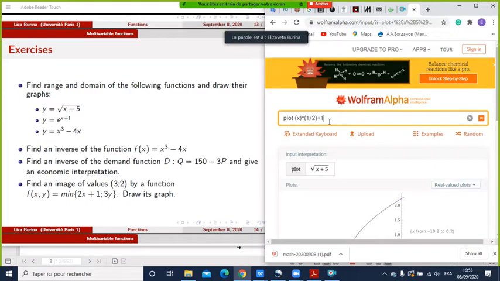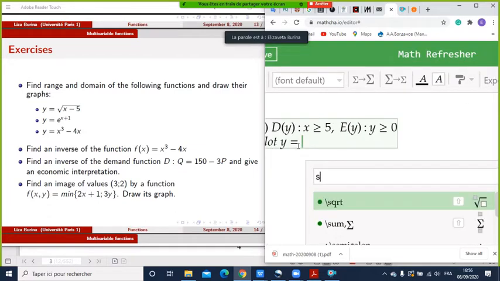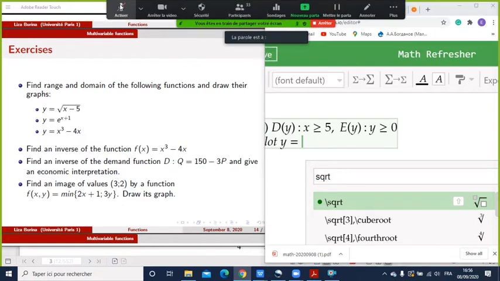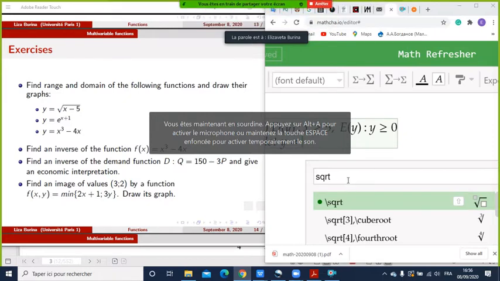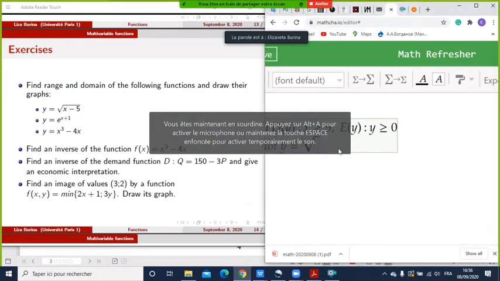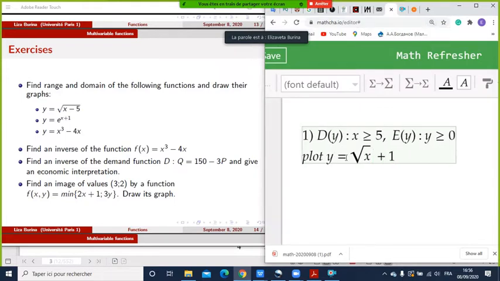So if I want to plot this, say plot y equals square root of x plus 1.